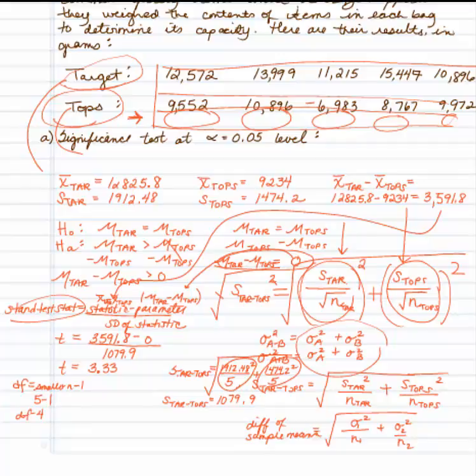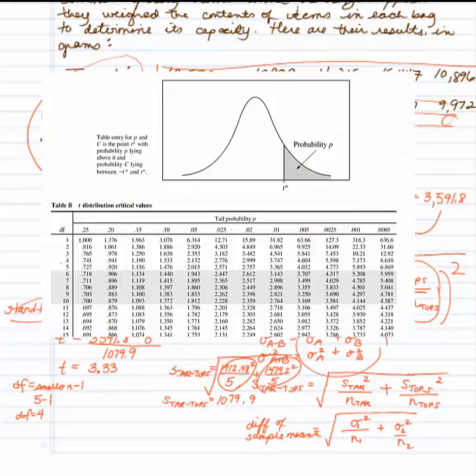We're going to look for the degrees of freedom of 4. It's more conservative that way, which is better than to give more radical data, okay? So look under the degrees of freedom of 4 on the table, and we are looking for 3.33. So you want to see between what two numbers you get 3.33. I'm getting 0.02 and 0.01.